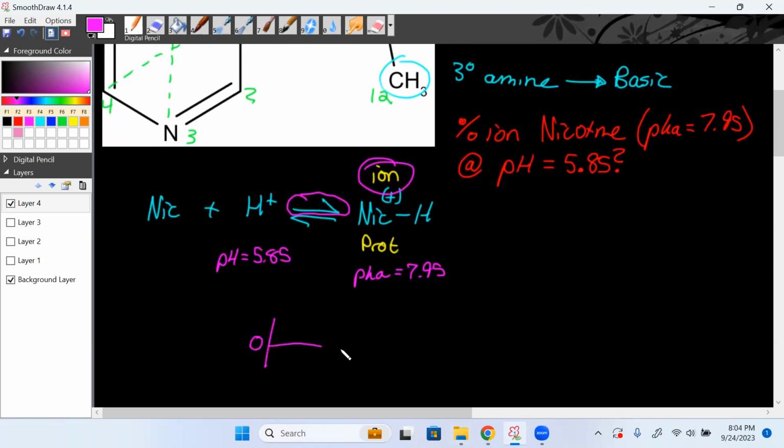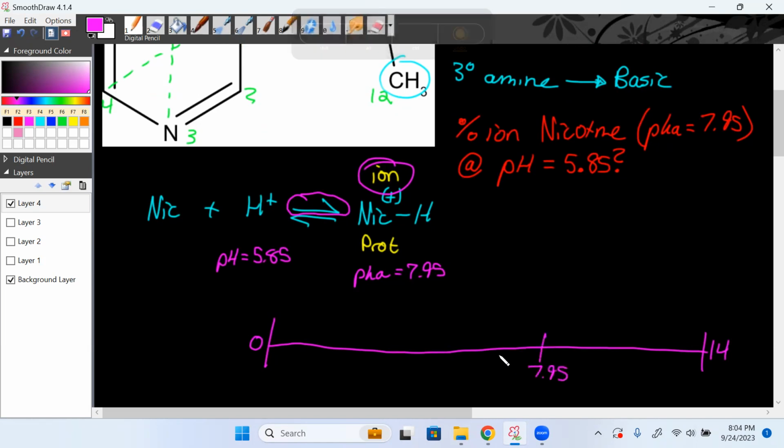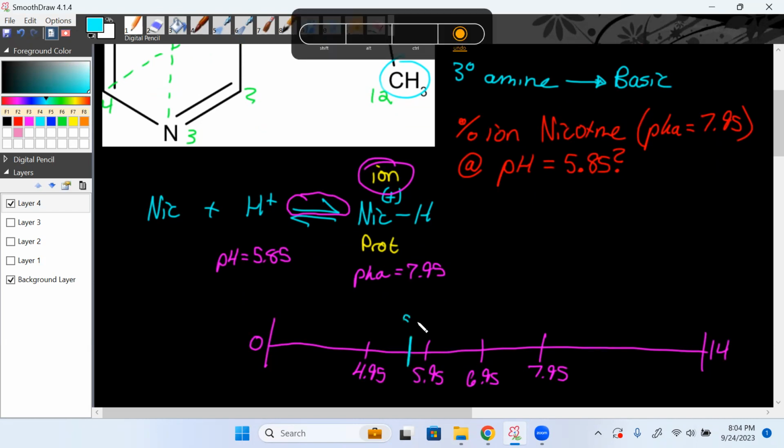So we look at our number line. We have 7.95, 6.95, 5.95, 4.95, and our pH falls in, 5.85 would be somewhere about here, right?